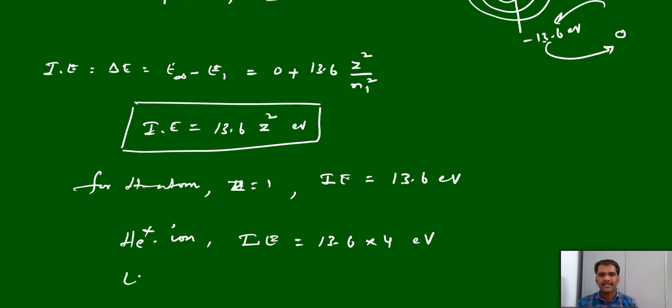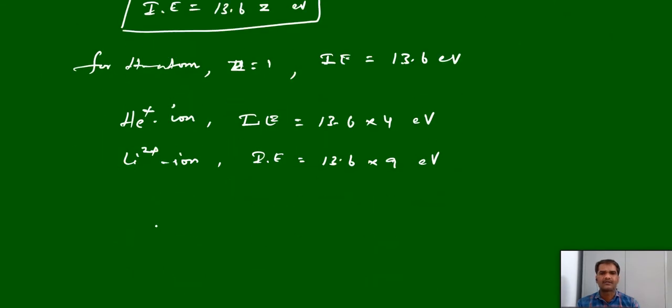If I ask what is the ionization energy of lithium 2 plus ion? Again 13.6 into 3 square means 9 electron volts. So on. Like this we can calculate the ionization energy for single electronic systems, or these hydrogen-like species. Hydrogen-like species means they are having 1 electron.